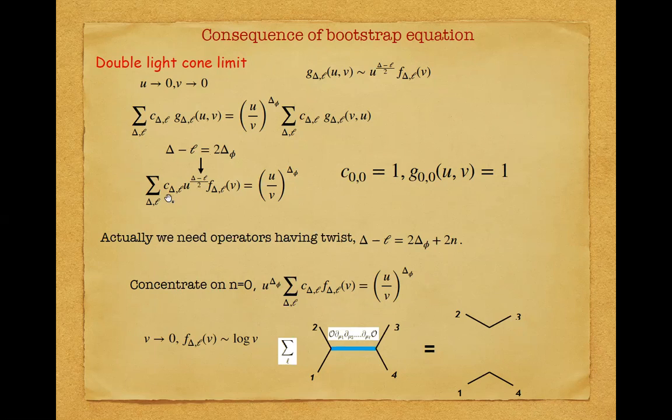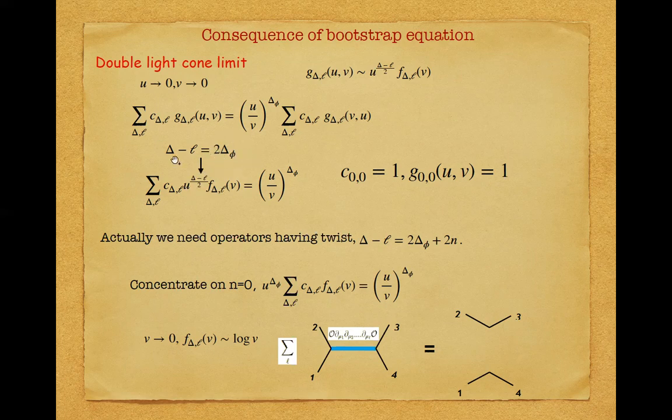Now you can see that if this has to be consistent, then whatever theory you consider, if you have a scalar, irrespective of the theory, because of the presence of the identity operator, there has to be some operator for which the twist would be 2 delta phi.